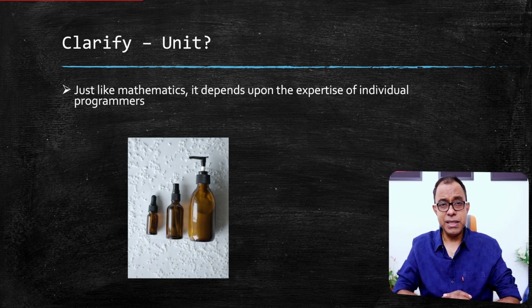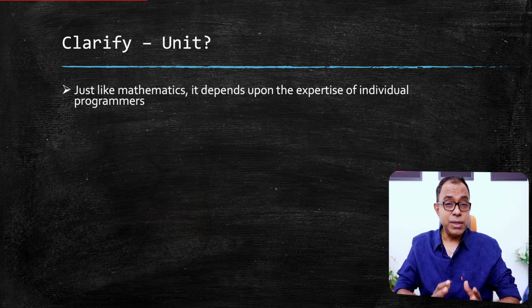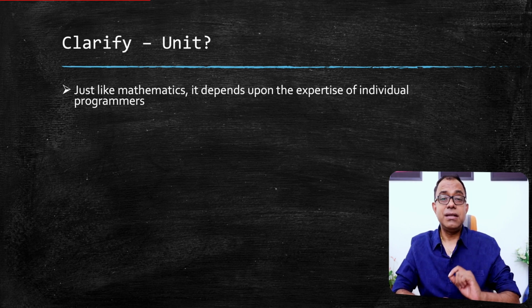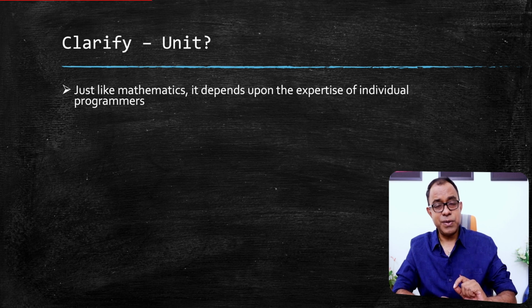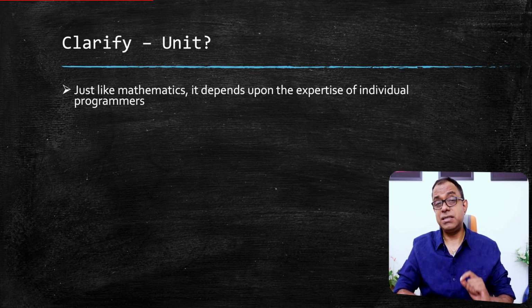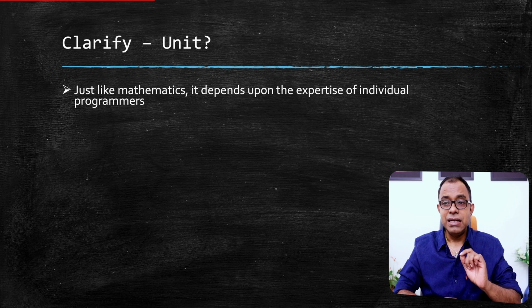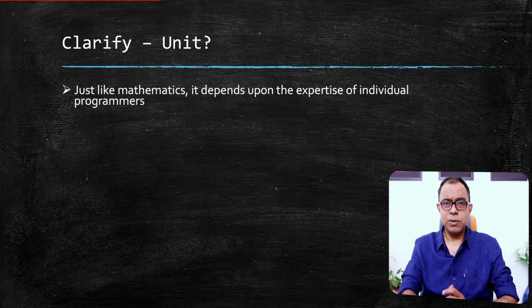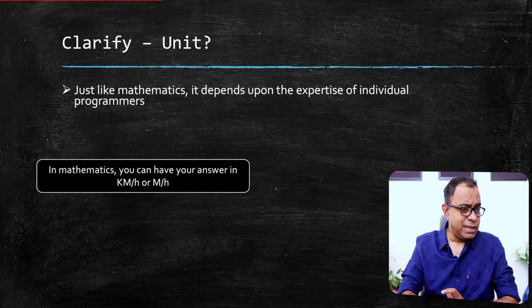And once you are experienced with the way you are writing your code and acquainted with the system, the size of the unit may grow, and there is nothing wrong in this. So the definition of unit depends upon individual developers. Just like in mathematics, you can give your answer in kilometers per hour or meters per hour. The answer will not be incorrect, just that the unit has changed. Okay, so let's move forward.